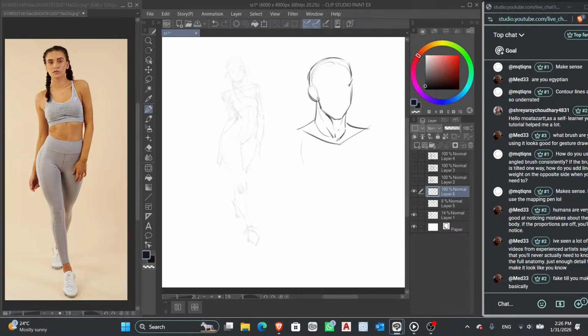Some people actually need to know everything about the anatomy. I don't blame them, and they can do whatever they want. But for me, that's enough. That's even more than enough. What I'm actually trying to learn, when I try to learn anatomy, I ask myself some simple questions.